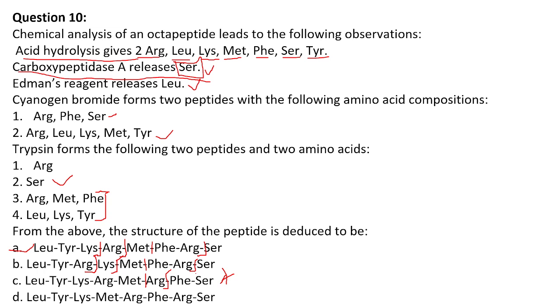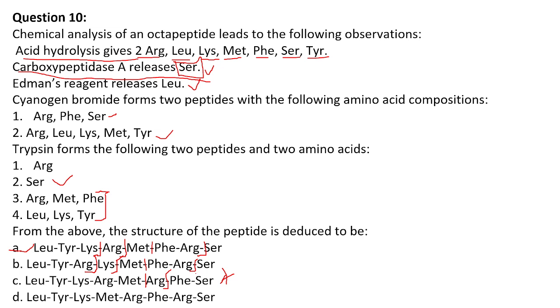If we treat the peptide with trypsin, it will give one arginine, one serine, and these two peptides. So this much information is given. From the above information, the structure of the peptide is to be deduced.